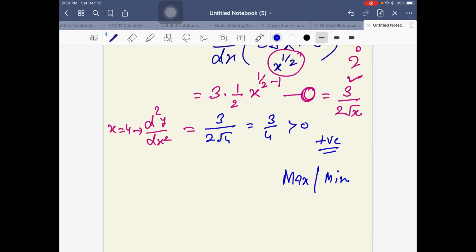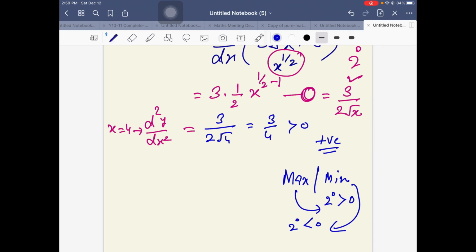We have learned in the previous lessons that if the second derivative is positive, it's a point of maximum, and if the second derivative is negative, it's a point of minimum. Is that okay?